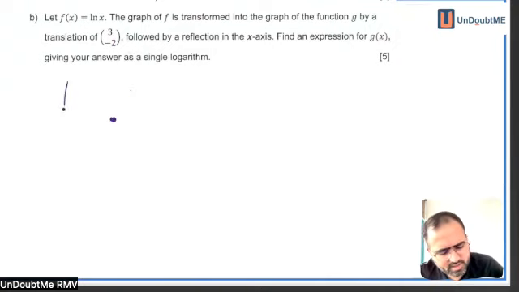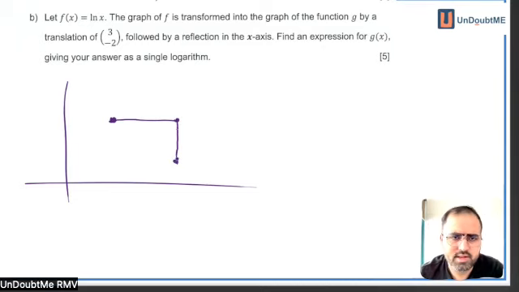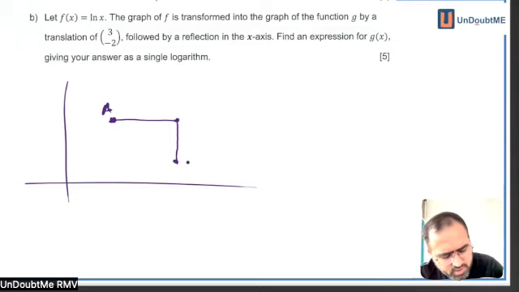If a point is like this, for example, it is shifted by 3 units to the right and 2 units down. 3 comma minus 2 means this. So this point A will be translated to A dash. I'm just explaining with the help of a point. If it is a curve, it will follow the same logic.